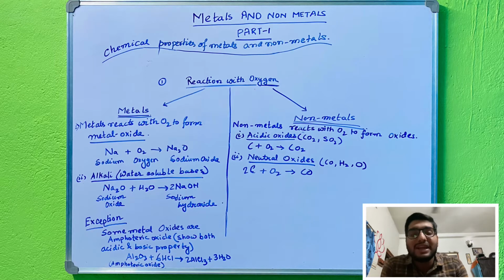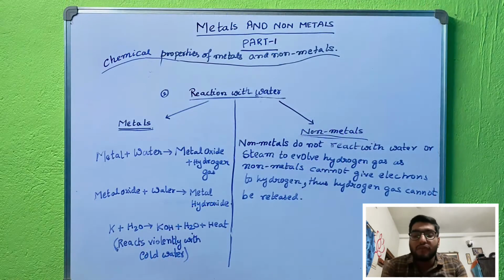Coming to the next part, that is reaction with water. When a metal reacts with water, it forms metal oxide, and it gives out hydrogen gas. You can see the reaction also. And when this metal oxide is again reacted with water, it gives out metal hydroxide. I have given one example of that also, one equation, that is K plus H2O gives KOH plus H2 plus heat.